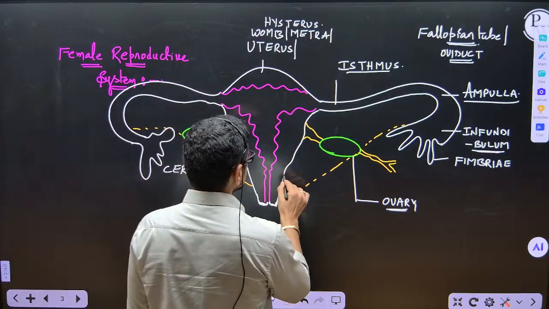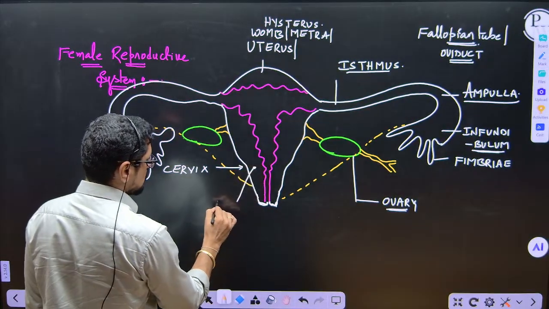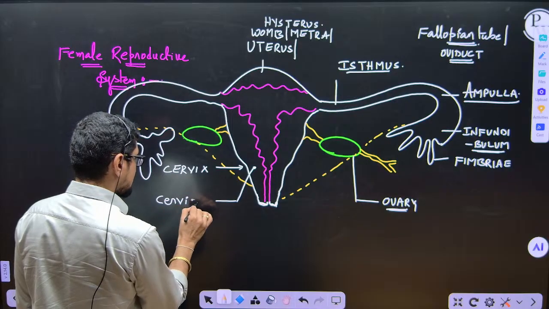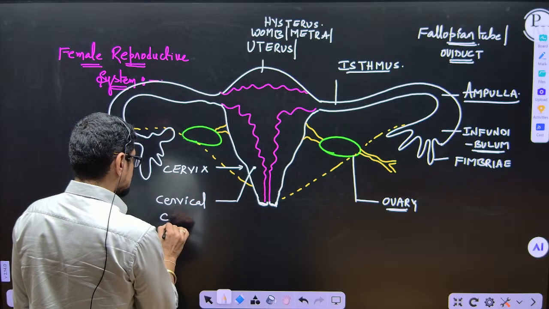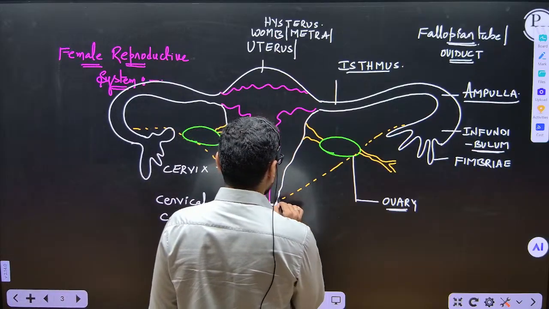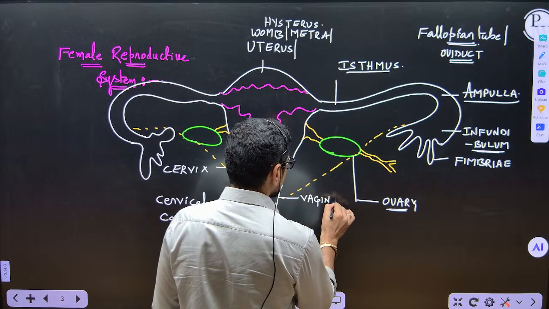The cavity which is present inside the cervix is called the cervical canal. And this is called vagina.